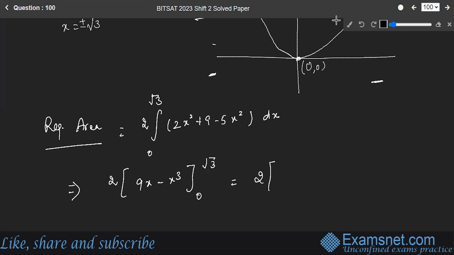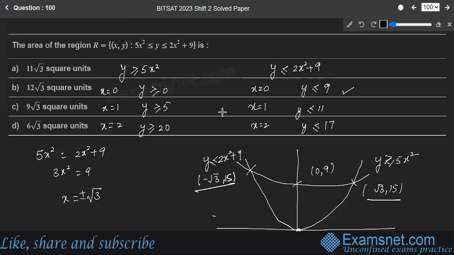Or you have 2 into 9 root 3 minus 3 root 3, which will give me 12 root 3. So this is the answer to the question, 12 root 3. I have option B as the correct answer.